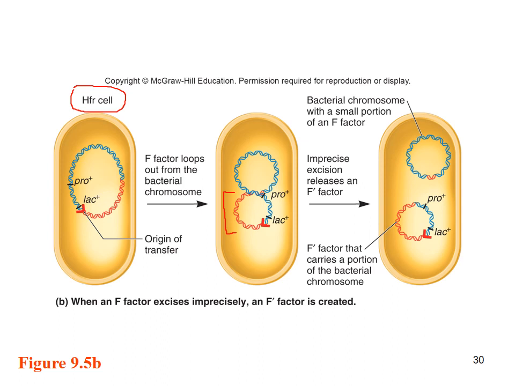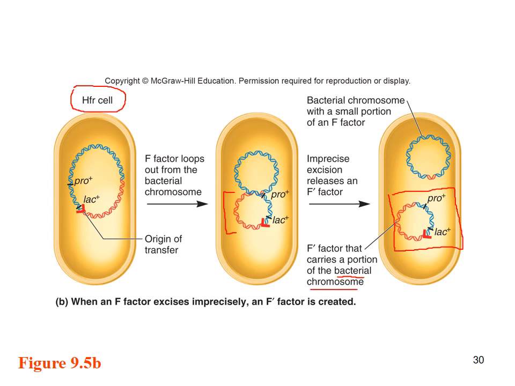As it does so, notice how the F factor no longer looks the same. It's not all red. It's a combination of red and blue, indicating that it took a piece of the bacterial chromosome with it, along with some of the genes that were being carried.